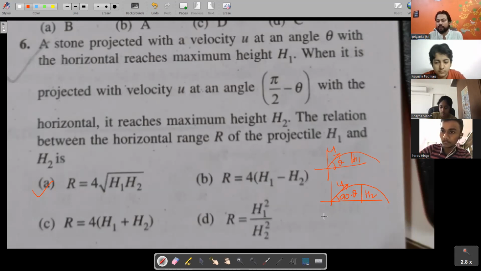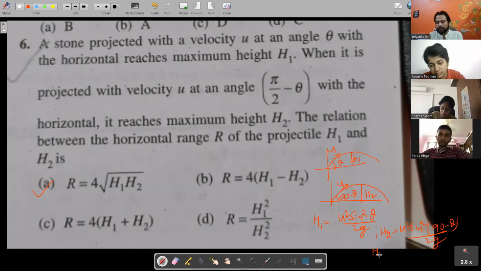So you can apply the formula of maximum height. h1 equals u square sine square theta upon 2g, and h2 would be u square sine square theta, but in this case theta is 90 minus theta because this is the angle of projection. You can see here, h2 will become u square cos square theta upon 2g.